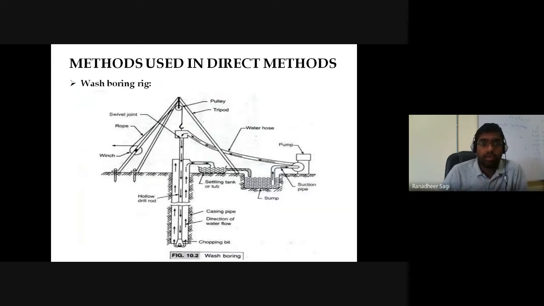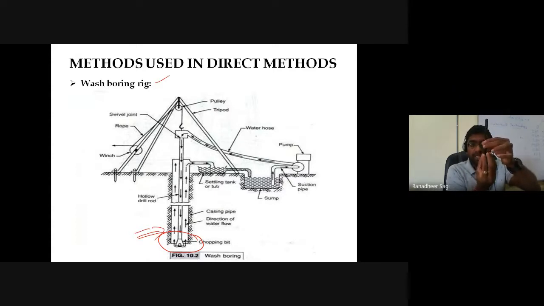Next is the wash boring technique. So what do we do in the case of wash boring? Once again, the wash boring technique is also useful for making a borehole into the ground. Wherever you want to make the borehole, at that position you place what is called a chopping bit, with a connecting rod.